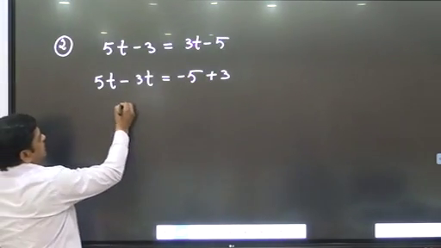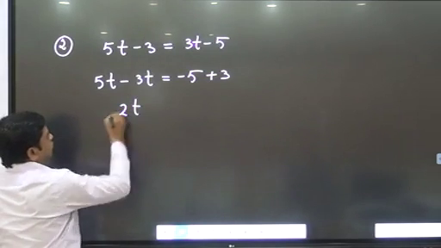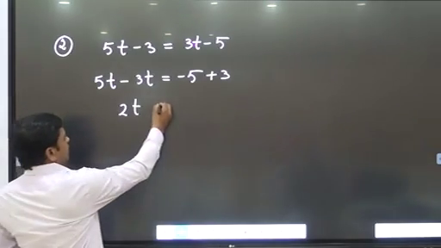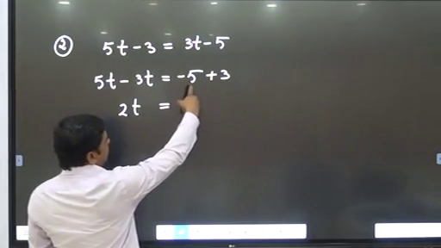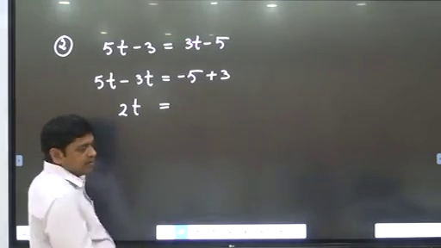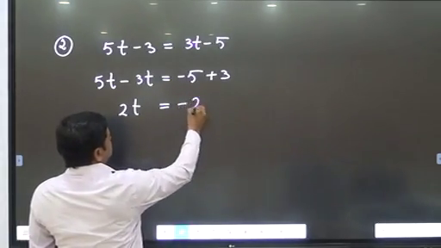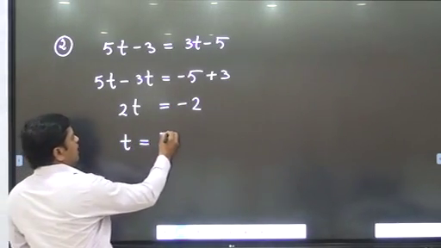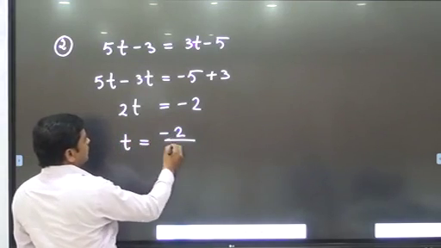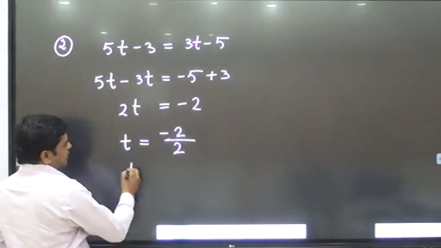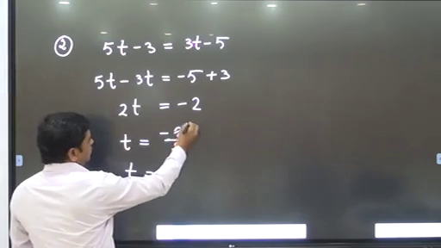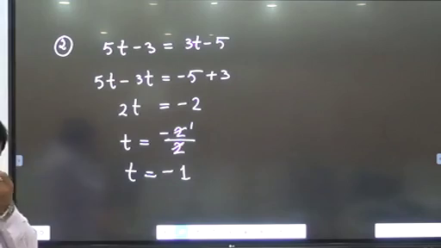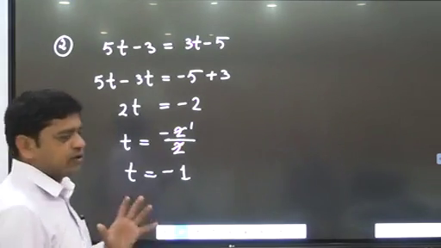So 5t minus 3t is 2t, equal to minus 5 plus 3, means minus 2. So t must be equal to minus 2 divided by 2, and t is equal to minus 1.